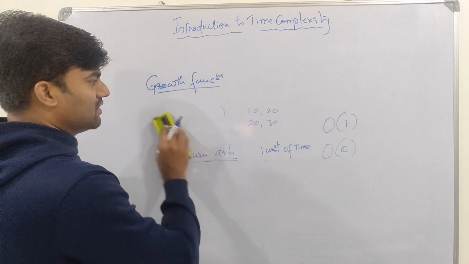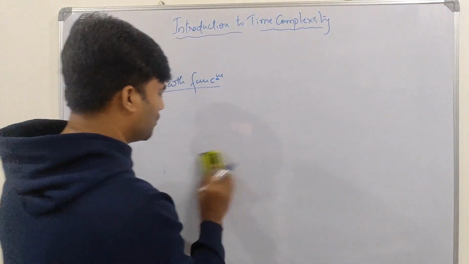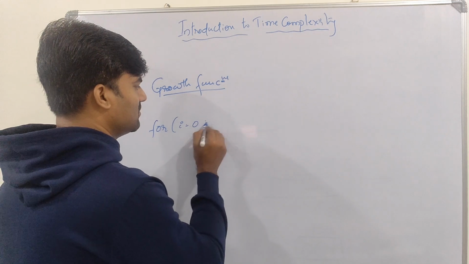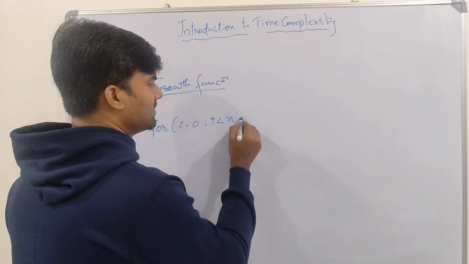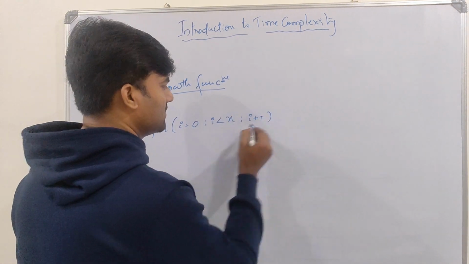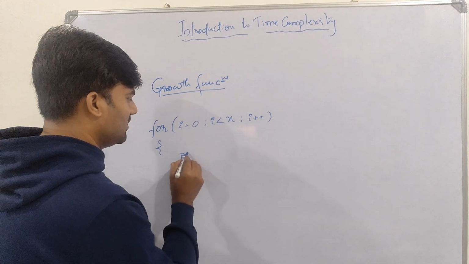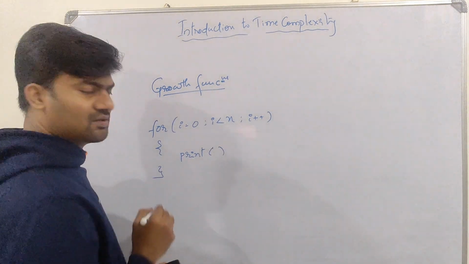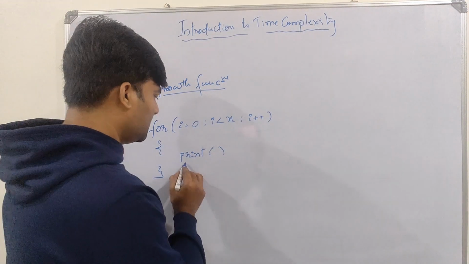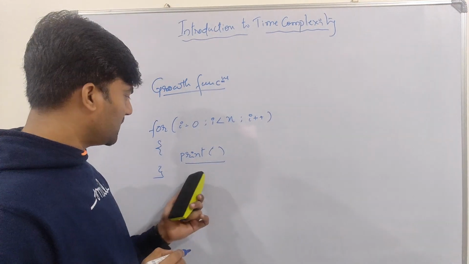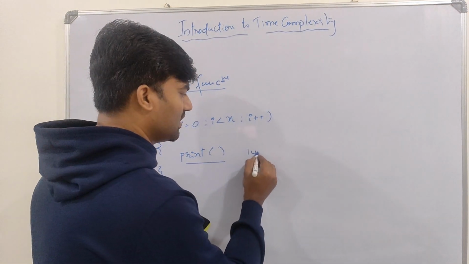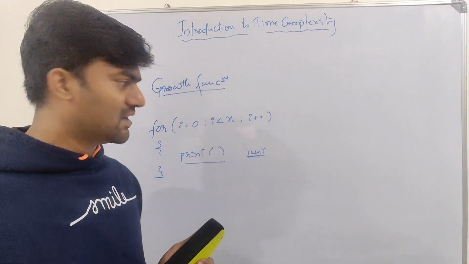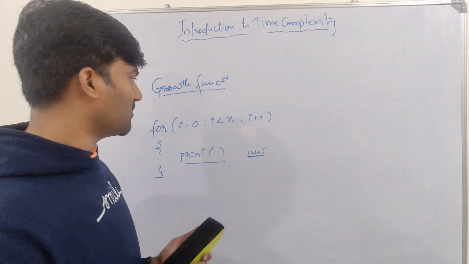Okay, so now let us see a small for loop. We have a for loop which starts at 0, with i less than n, i plus plus, and then it prints something. We already know this print function will take 1 unit of time, normally. If this executes only one time, then it will be 1 unit of time.